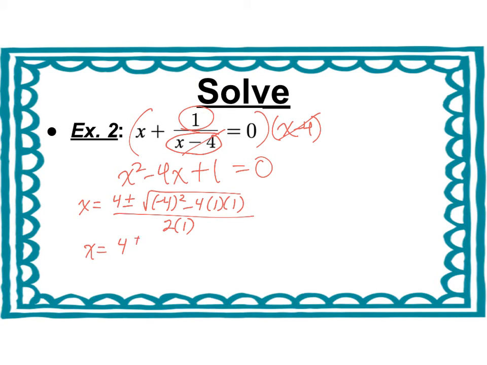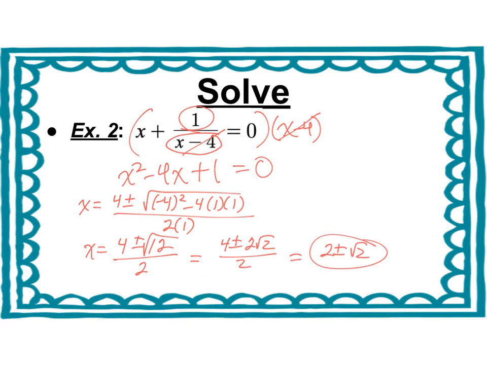So we're going to have 4 plus or minus the square root of 16 minus 4, which is 12, square root of 12 all over 2. So we're going to simplify the square root of 12 to 2 root 3 over 2. We're going to simplify the fractions to 2 plus or minus root 3 for my final answer.